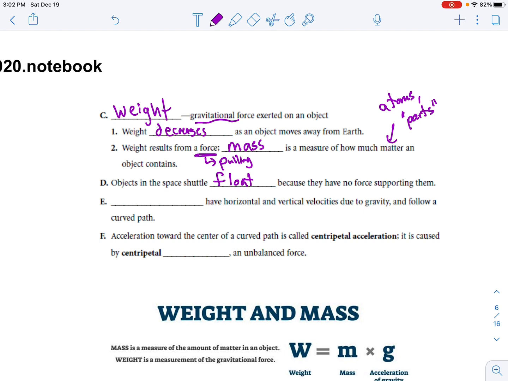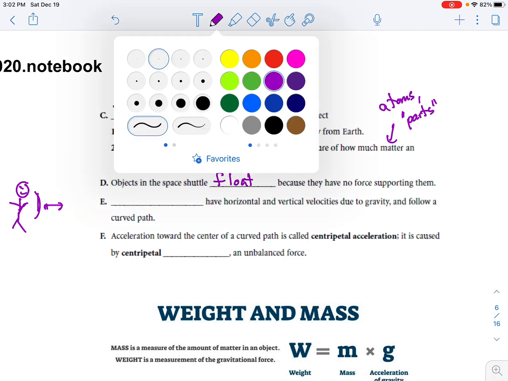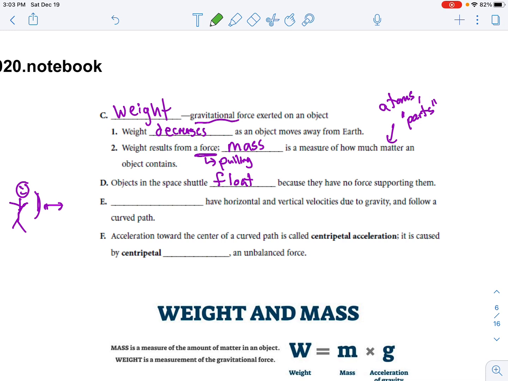All right. Now, let's say you're part of the Hunger Games book, and you have a bow and arrow here, and you're going to shoot an arrow. When you let go of this arrow, you are making it fly in a straight direction.